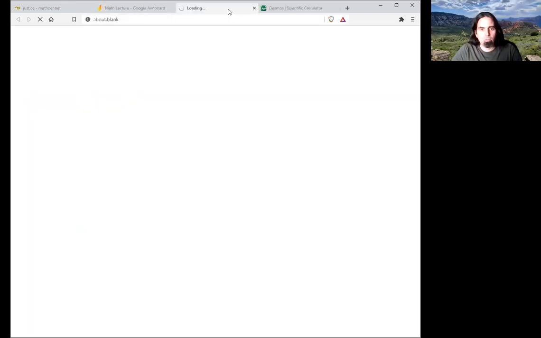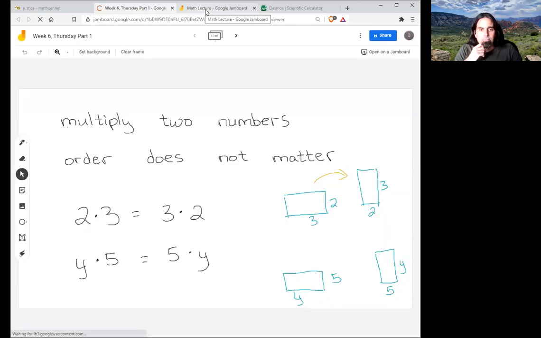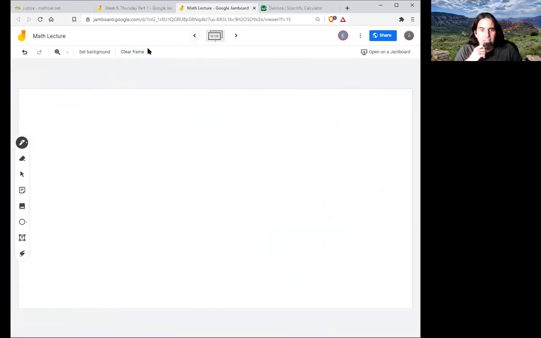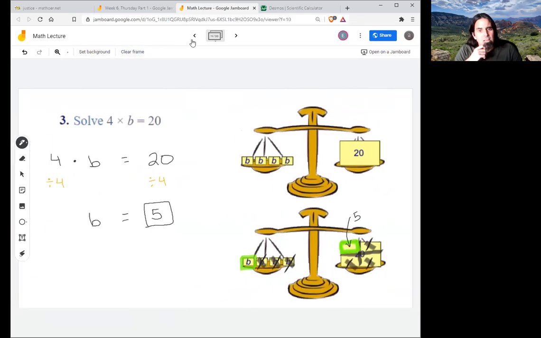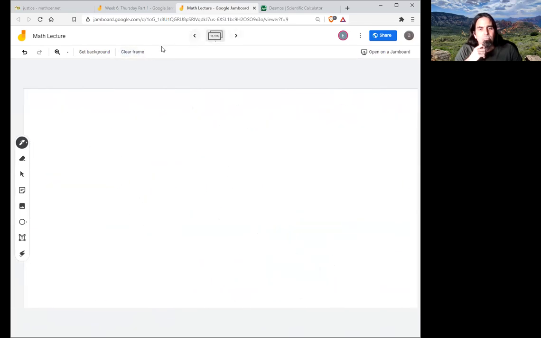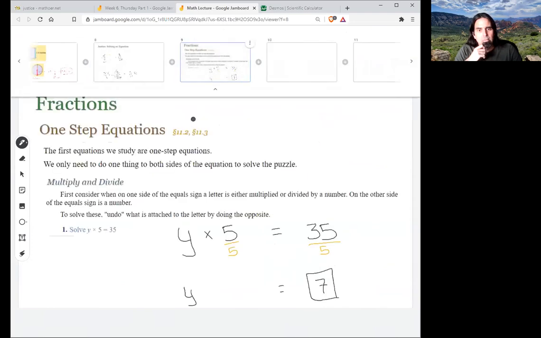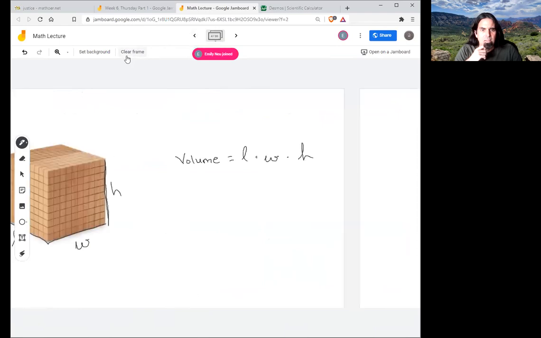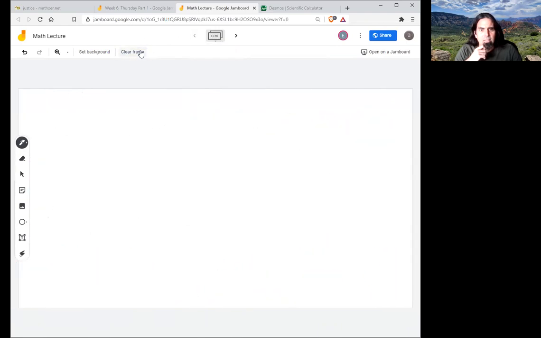Then we can clear it off and keep going.